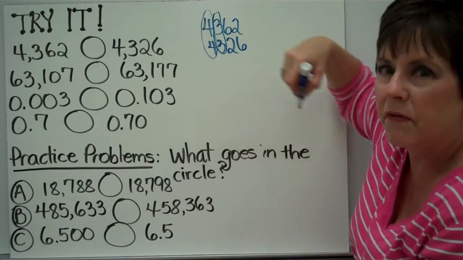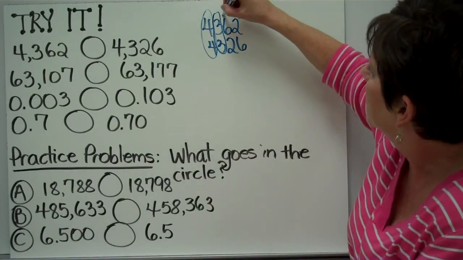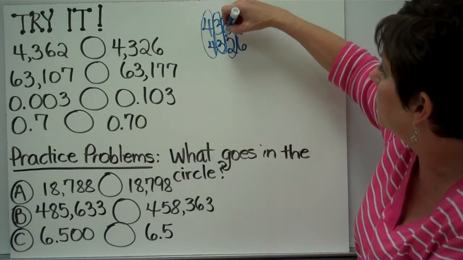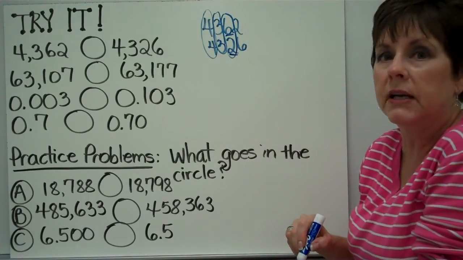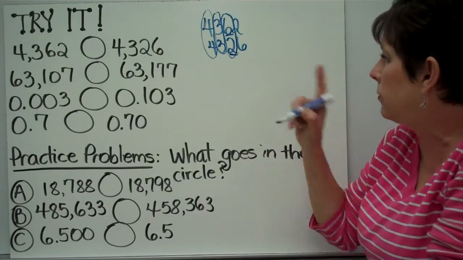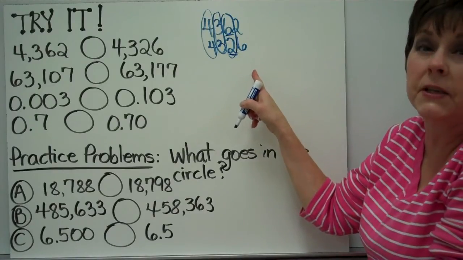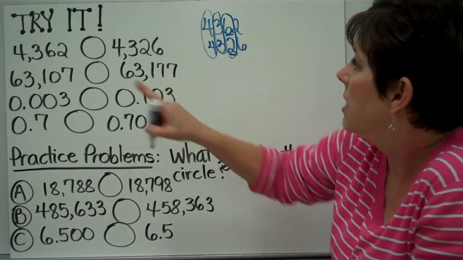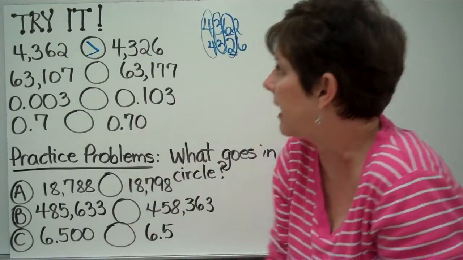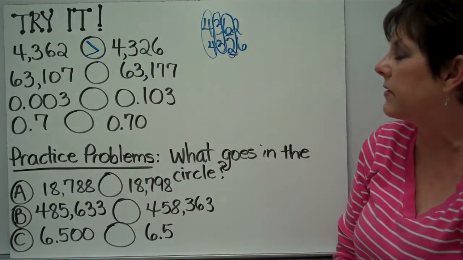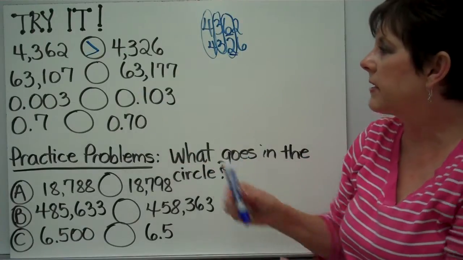All right, move on to the next place value. 6 and 2. I know that 6 is bigger than 2. It is greater than 2. I don't have to go to the last place value. I already have my answer. So I know that 4,362 is greater than 4,326.